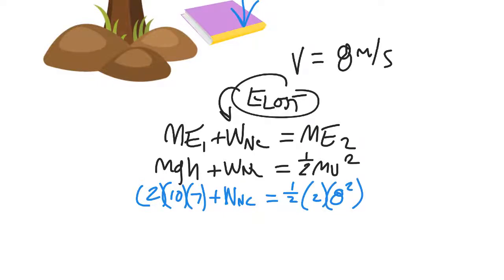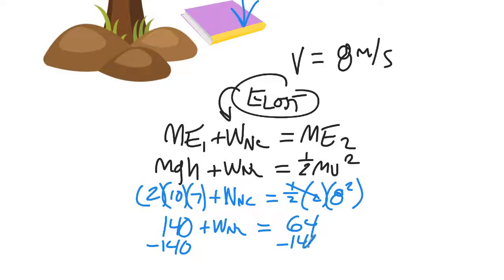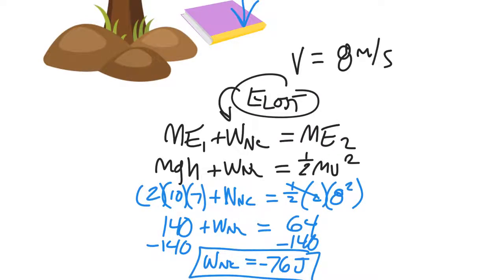So here we have 2 times 7 is 14 times 10, 140, plus work non-conservative equals 8 squared is 64, and those cancel out, so 64. We subtract 140 from both sides, and we find that the work non-conservative is negative 76 joules. What that means is that there was 76 joules of work against the book as it fell.